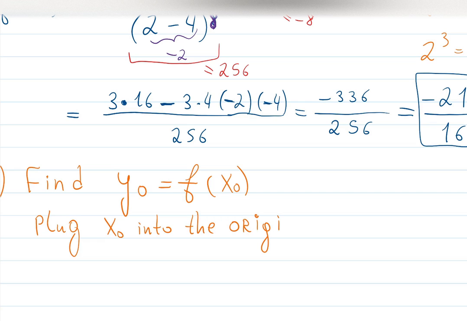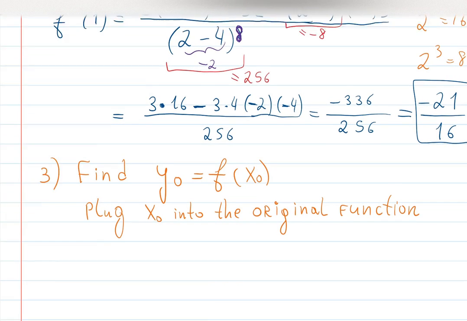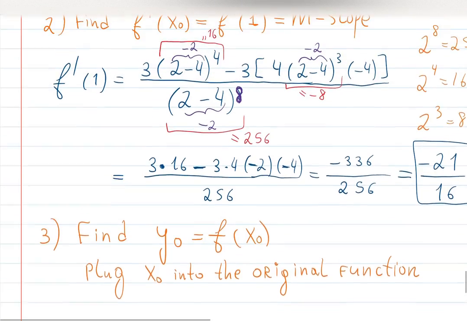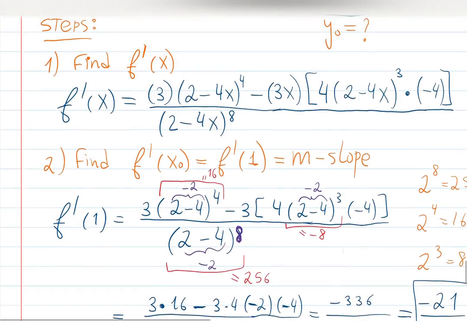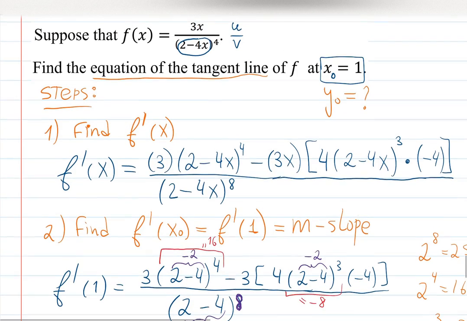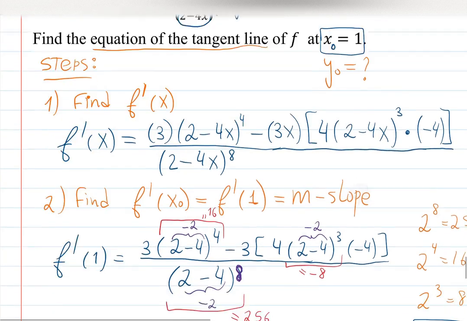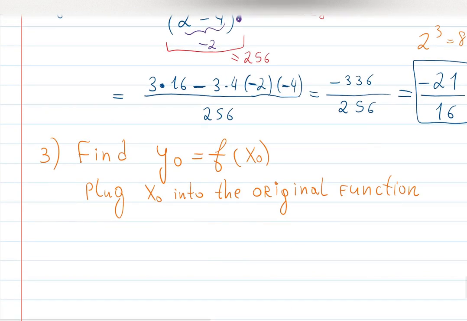Note, not the derivative, the original function. Let's take the original function. That is 3x over 2 minus 4x raised to the 4.